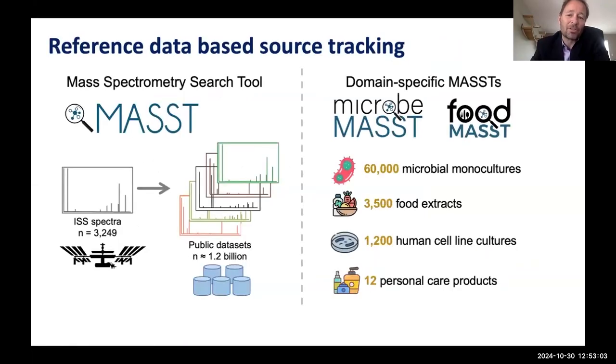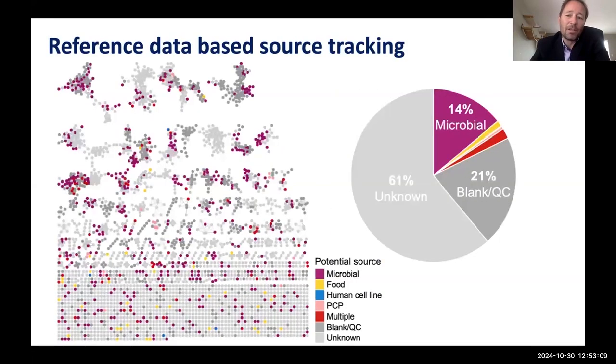Well, I just described to you that we have these tools now, such as MicrobeMASST and FoodMASST. And when we apply this, we can assign 14% of these molecules that are detected to be of microbial origin. Only a relatively small portion, maybe 2% or so, could be assigned to food.